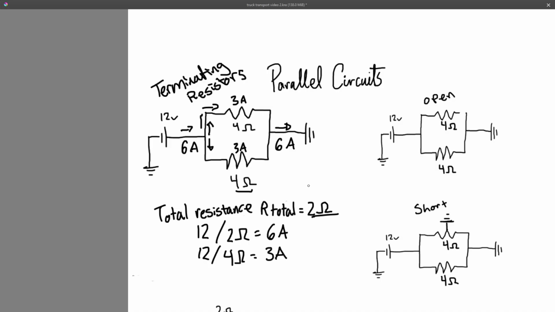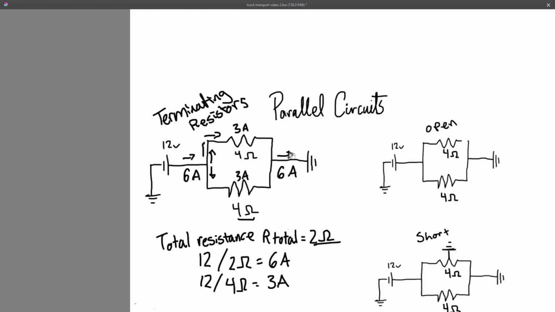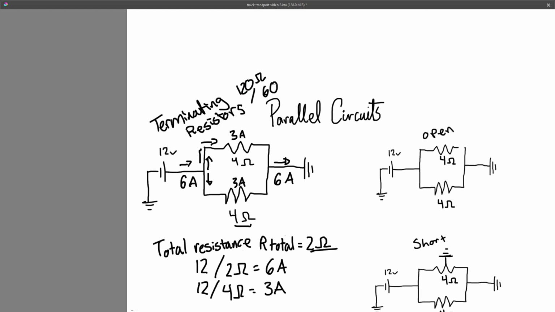I'm not going to explain too much into that. That's a topic for another video. I just want you to know parallel resistors are always going to be half if they're the same value. So your terminating resistors on a heavy duty truck are 120 ohm resistors. But when you're actually checking the circuit, you're going to only see 60 ohms of resistance.